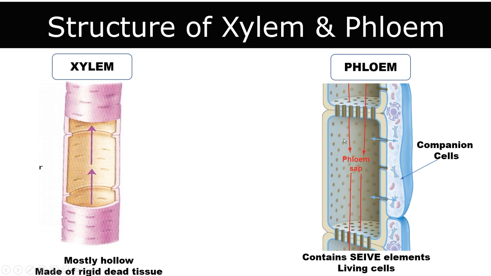It's got these sieve elements here, which have sieve plates on either end. And then you've got companion cells. These are little friends. They're like helper cells that are sitting just adjacent to the phloem itself. And those companion cells are transporting sugars, those organic compounds, via something called plasmodesmata. So these are the openings between the sieve element and the companion cell through which something is being transported.